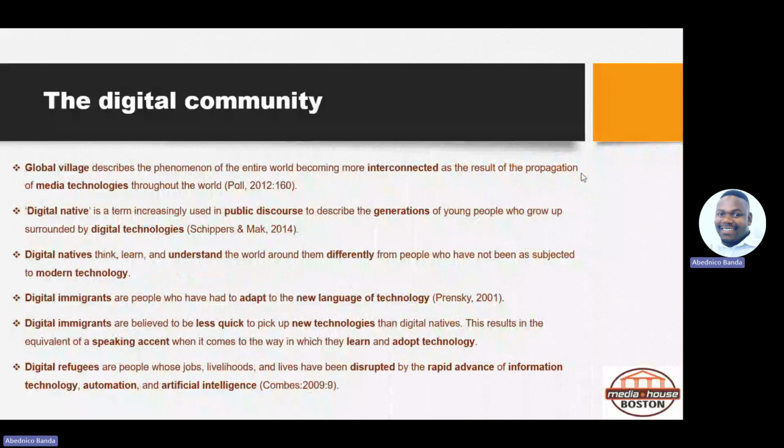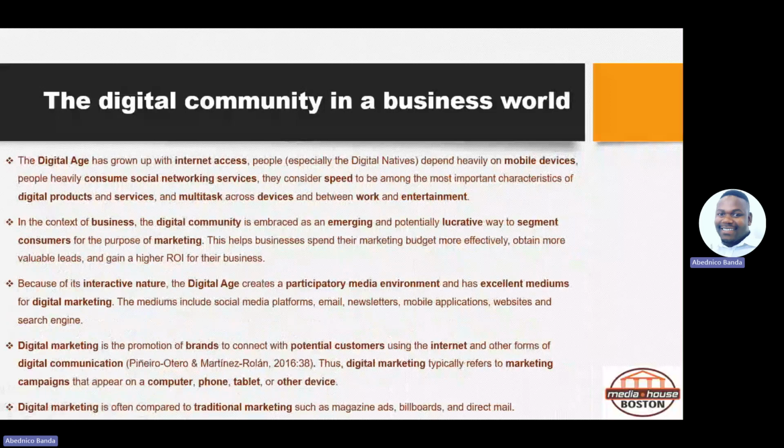So here we're looking at the social nature of the digital community. Let's look at the business nature, or why does the digital community matter to businesses, as I asked in the previous slide. So the digital community in a business world, where us marketers fit in. The digital age has grown up with internet access.